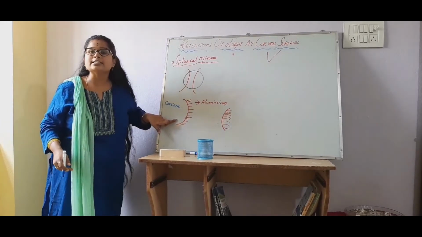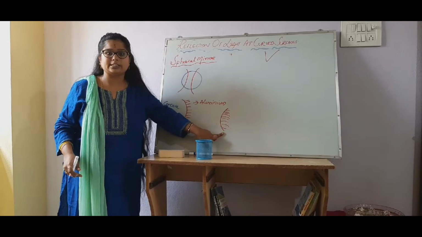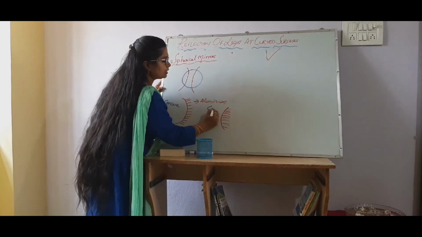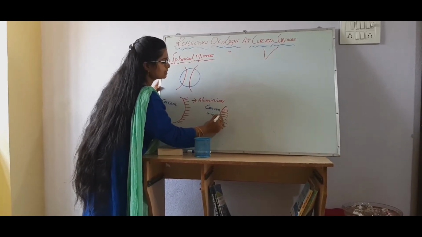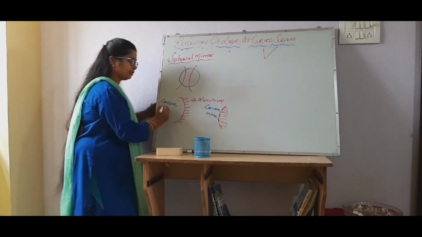The mirror which is curved outwards like this is called a convex mirror. You have studied convex mirrors and concave mirrors in your previous classes.